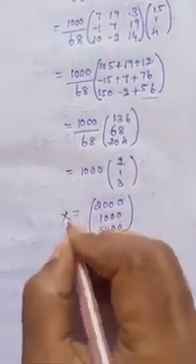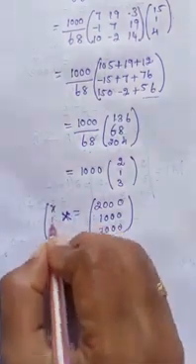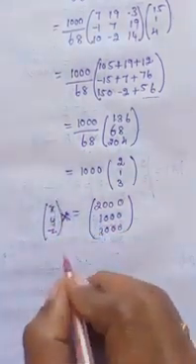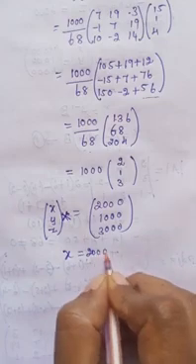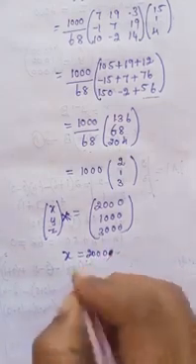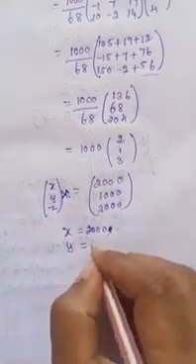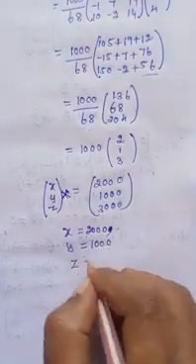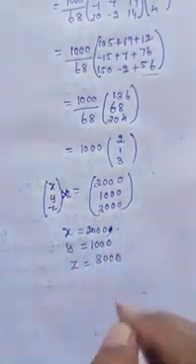Here x, isn't it? Or this is x, y, z. So x is equal to 2,000. Y is equal to 1,000 and z is equal to, we have got it, 3,000.